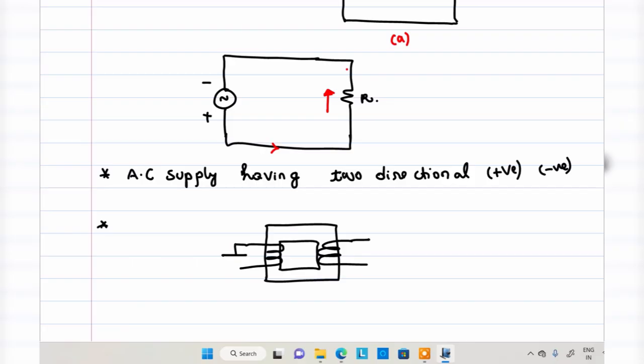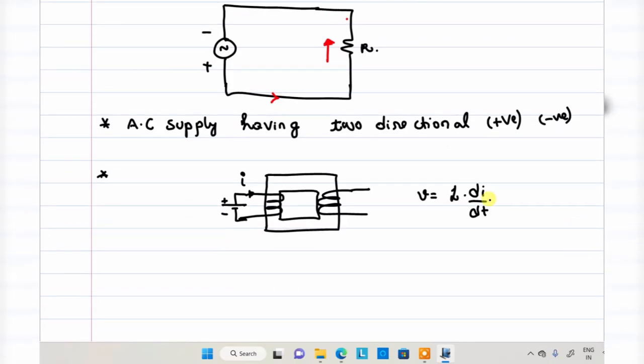For example, this transformer is connected to a DC supply. Whenever a transformer is connected to a DC supply, the transformer primary winding acts like an inductor, right? V is equal to L into di by dt. Whenever you connect a DC supply, current will pass through the inductor. That is a constant current. DC is a constant current, right? Whenever a constant current passes through the inductor, the derivative of a constant is equal to 0. So voltage is equal to 0.